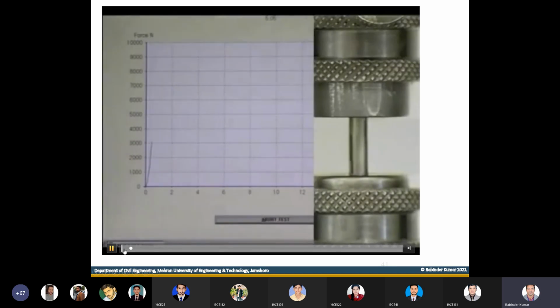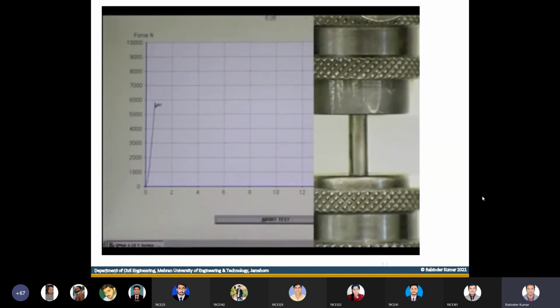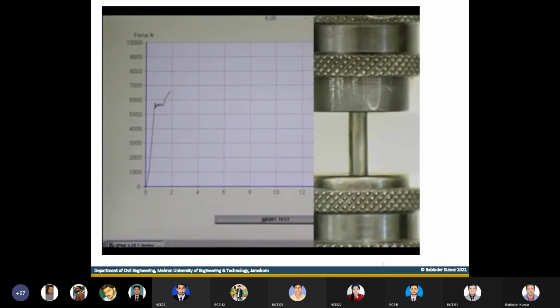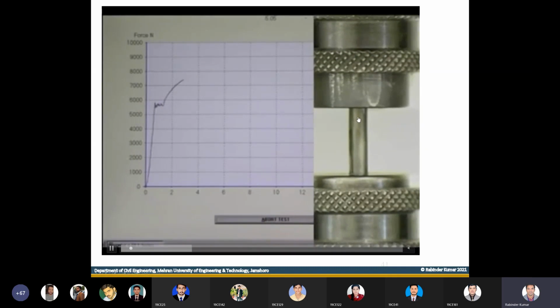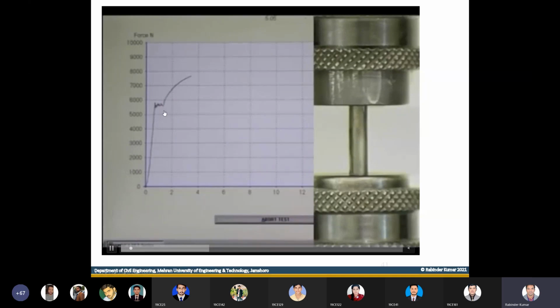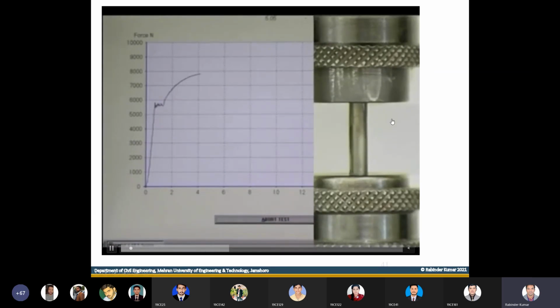Now look at this experiment. See, the force is being applied in a tensile manner and it is tracing this curve. Now just focus on this part of the figure.